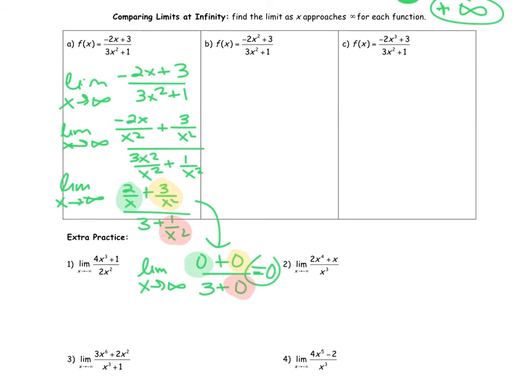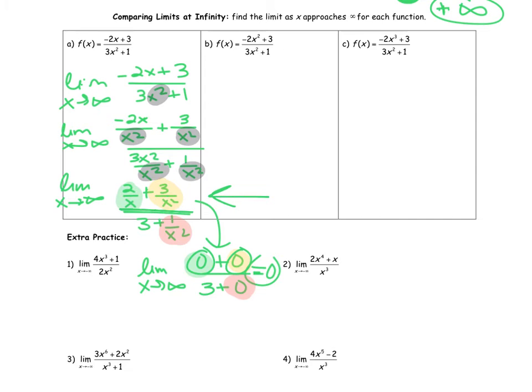All right, so I just went through part A for us. We're taking the limit as x approaches infinity. I divided everything by the highest degree attached to the term in the denominator, that x squared. So everything got divided by x squared. As you could see, I simplified it in this step here. And I noticed that, well, as x approaches infinity, 2 over infinity is 0. 3 over infinity squared is 0.